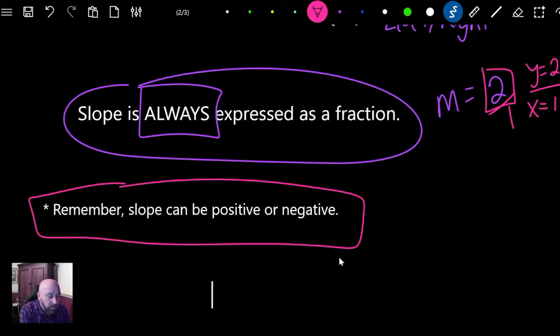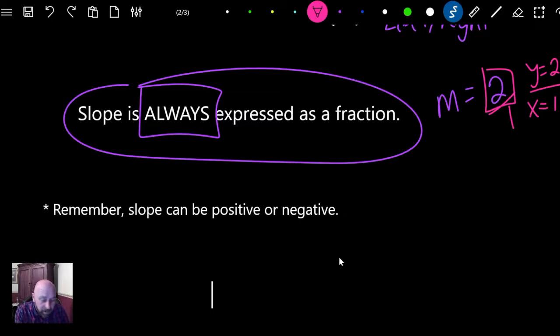Remember that slope can be positive or negative. So you could have negative 2 over 1, and that would be fine too. You could have negative 3 over 2. That would mean that y equals negative 3 and x equals 2. That's all that means.